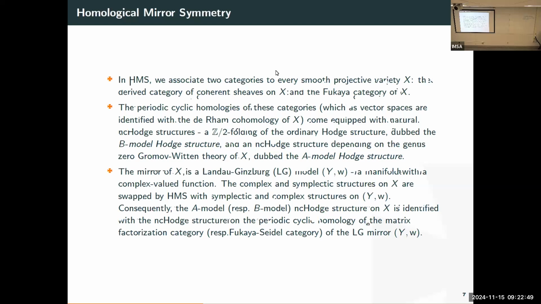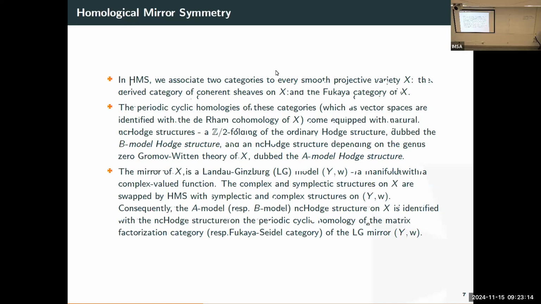We'll be working on one X eventually, but many of the things that we'll be trying to do are going to be suggested by the existence of this mirror. That mirror, called the Landau-Ginzburg model, is the best way to try to geometrize these atom structures, which we are going to be using eventually.